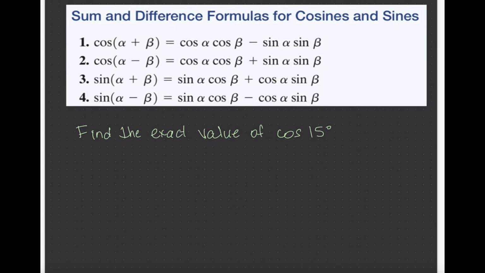And if we look on our unit circle, from what we've gathered so far, we don't know what the exact value is at 15 degrees. So this is where the sum and difference formulas come in. Using your unit circle, we want to be able to either add or subtract two angles that are going to give us 15 degrees, right?